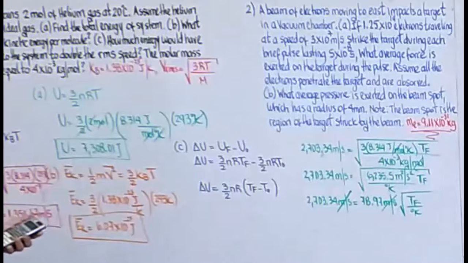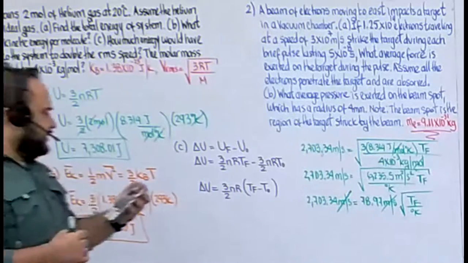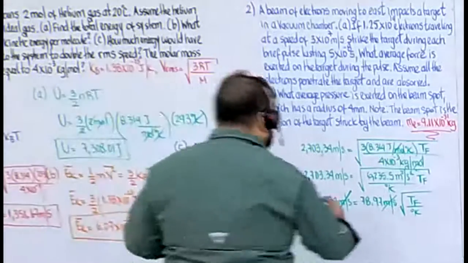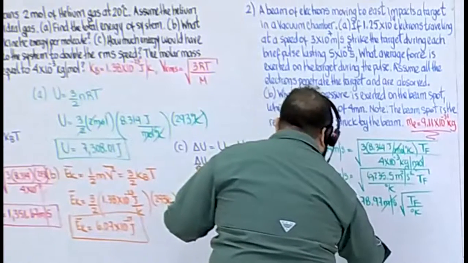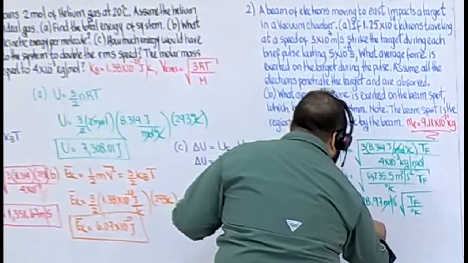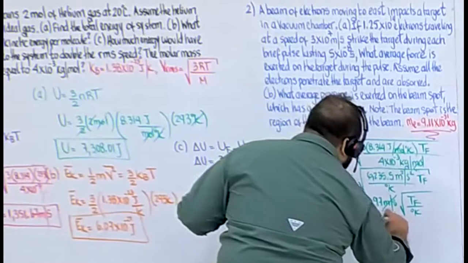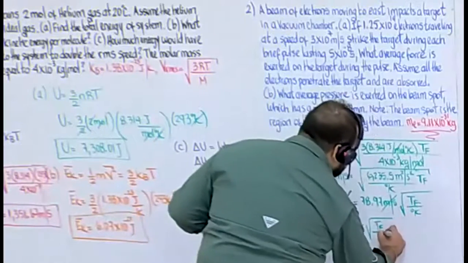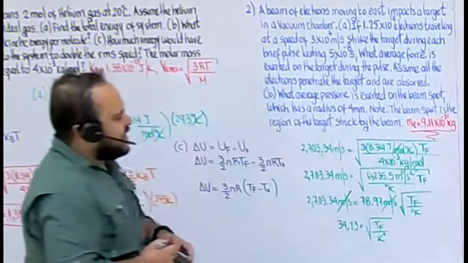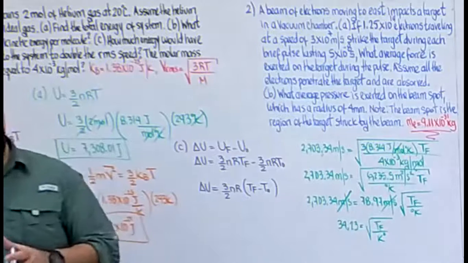And we got 2,703.34 divided by 78.97, and we got 34.23 equals the square root of the final temperature over Kelvin degrees. This is not a number, this is a unit, Kelvin degrees.